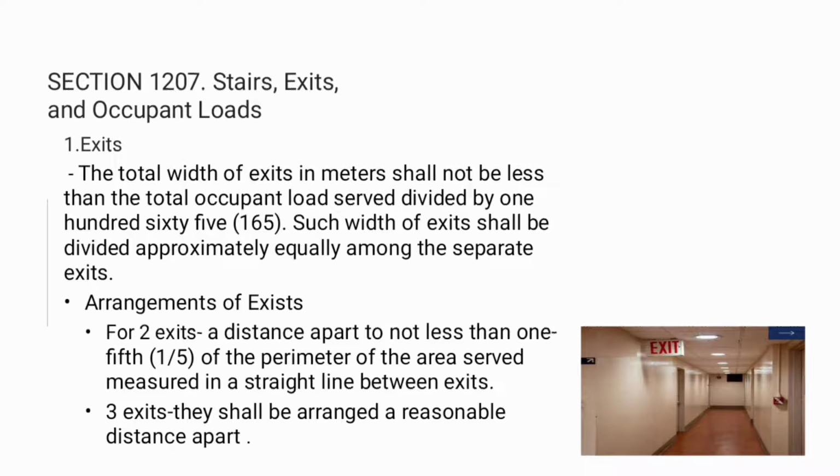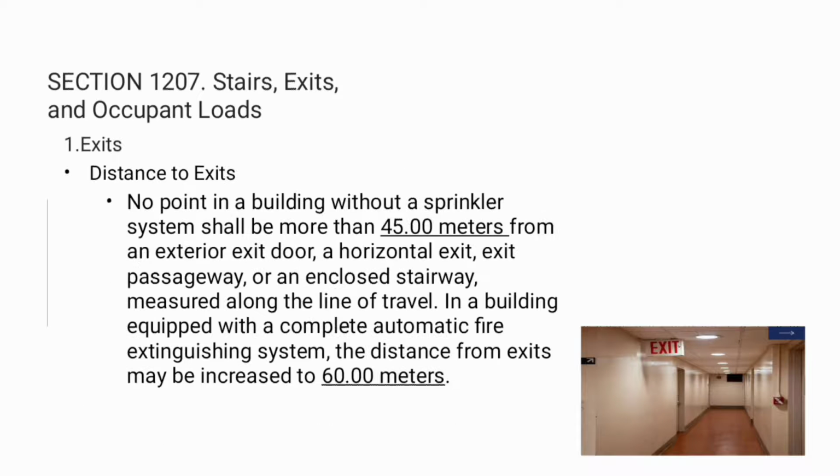for use in the particular structure or building. And for the distance to exits, no point in a building without a sprinkler system shall be more than 45 meters from the exterior exit door, a horizontal exit passageway, or an enclosed stairway, measured along the line of travel. So, in a building equipped with a complete automatic fire extinguishing system, the distance can increase to 60 meters.